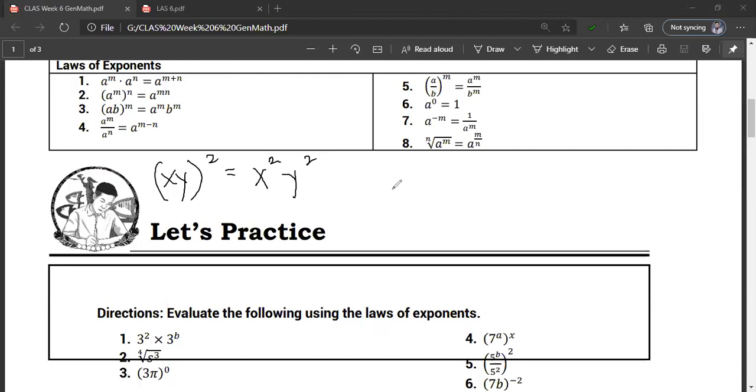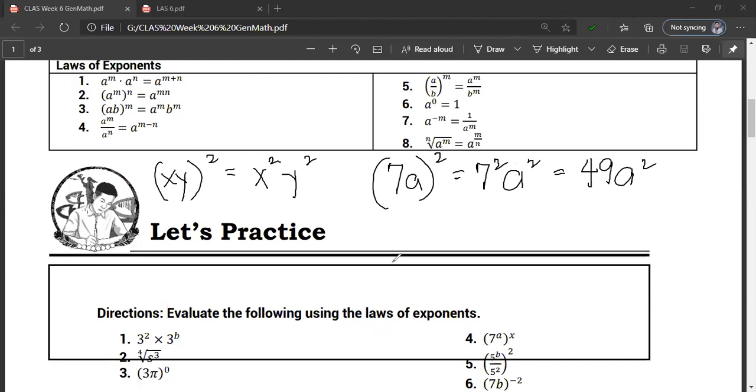Or kunwari, 7a squared, so magiging 7 squared a squared. That would be 49 a squared. Dinidistribute, class.